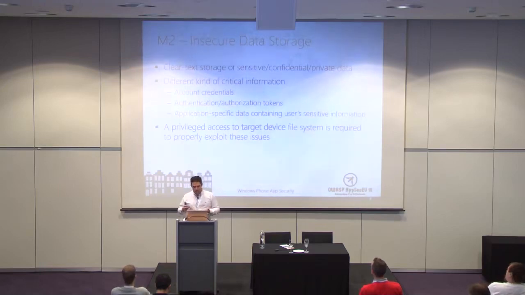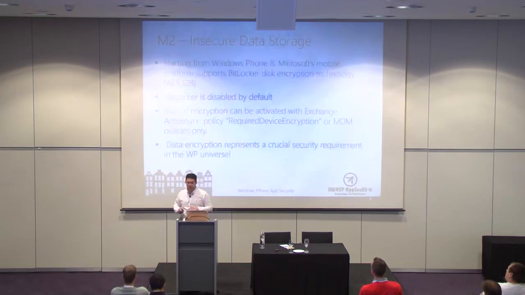The problem is that if we store in clear text this information on our device, and if the attacker or a malicious app has a privileged access to the file system, well, they can extract this information, which are in clear text, and maybe they can abuse the information. So encryption is very important in this specific context.